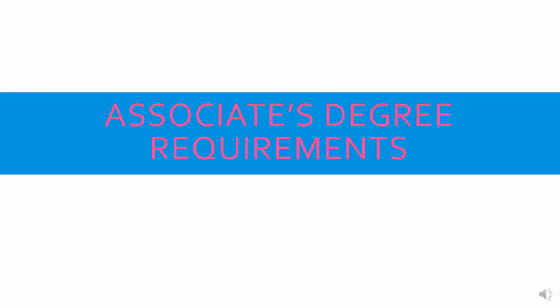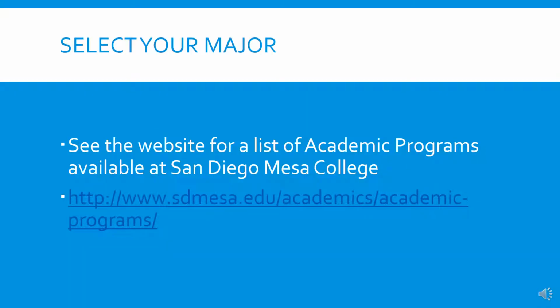Now let's take a look at completing an associate's degree here at Mesa College. It's important that you select your major. So you'll want to see our website for the list of academic programs available at San Diego Mesa College.